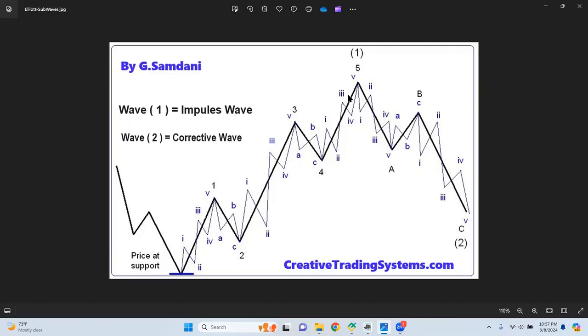So when you're counting 5 waves, it could be wave 5, wave 3, or wave 1 of a higher degree. Regardless, we're going to see how we can measure and understand which wave we are in. So let's get started.